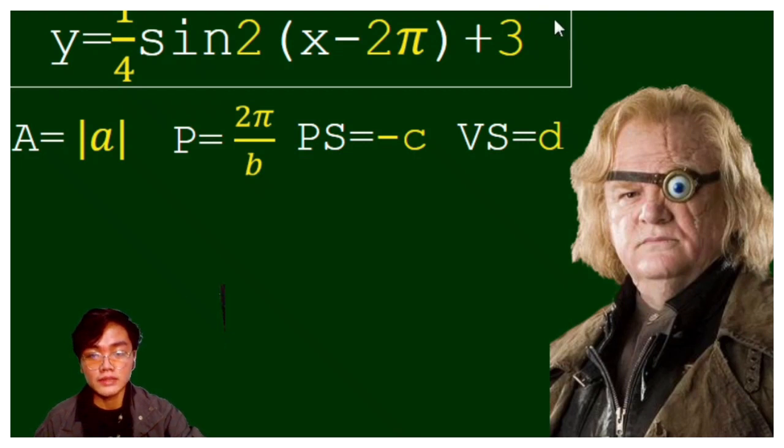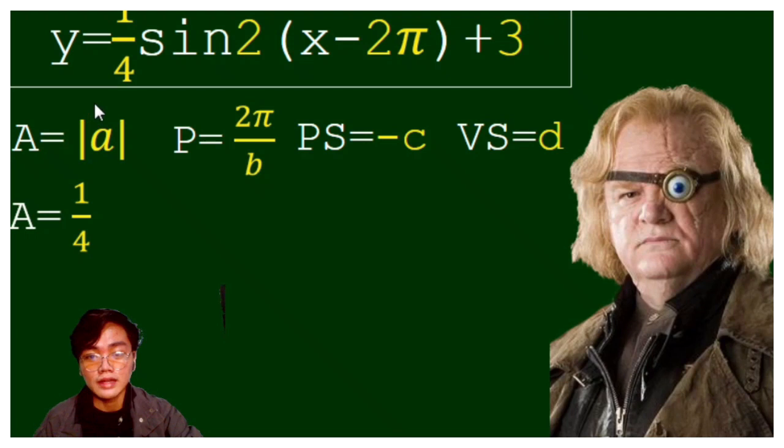Now let's solve this equation: y equals 1/4 sine 2 quantity x minus 2 pi plus 3. We know that our value of a is 1/4. To find the amplitude, we use the absolute value of a. Instead of writing a, we write 1/4.